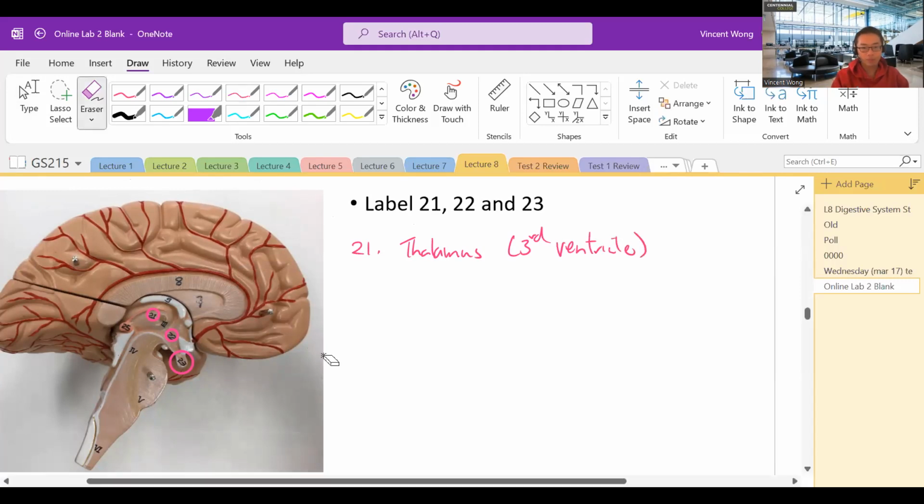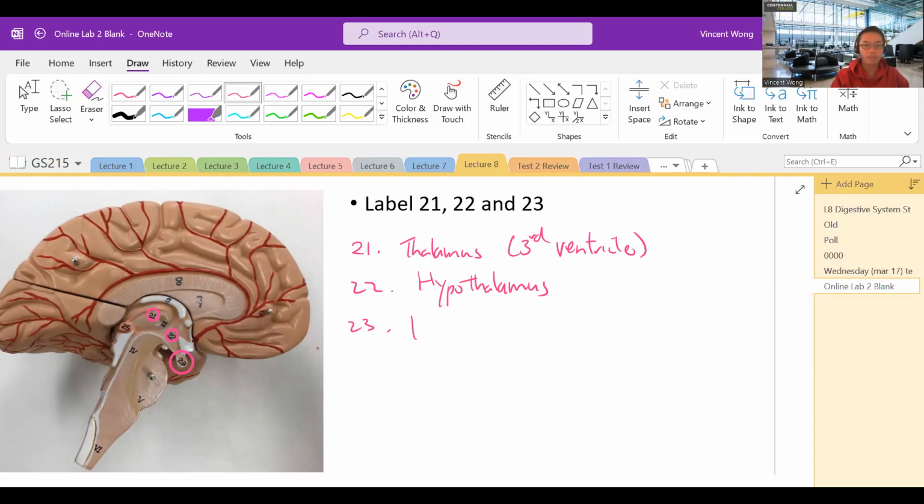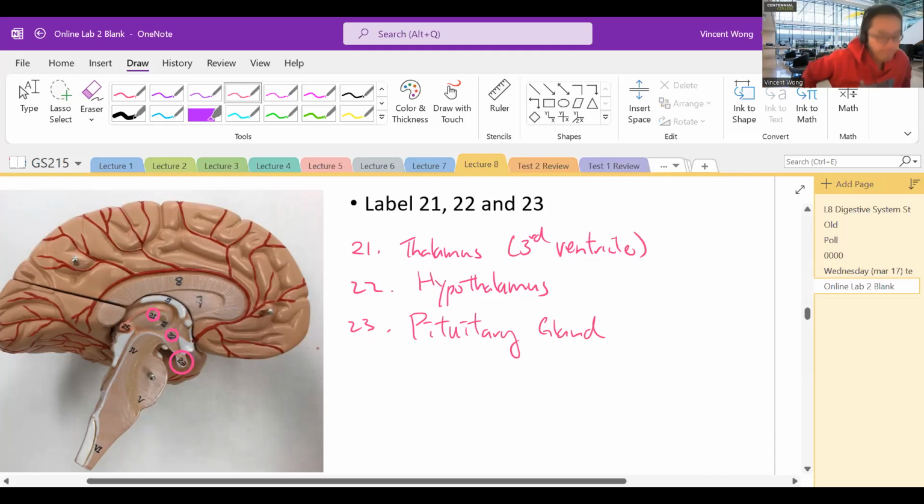Okay, the third ventricle is the space in front of it, right? 22 is below the thalamus, so hypothalamus. And you should know by now the thing that's dangling from the hypothalamus is the pituitary gland. Okay.